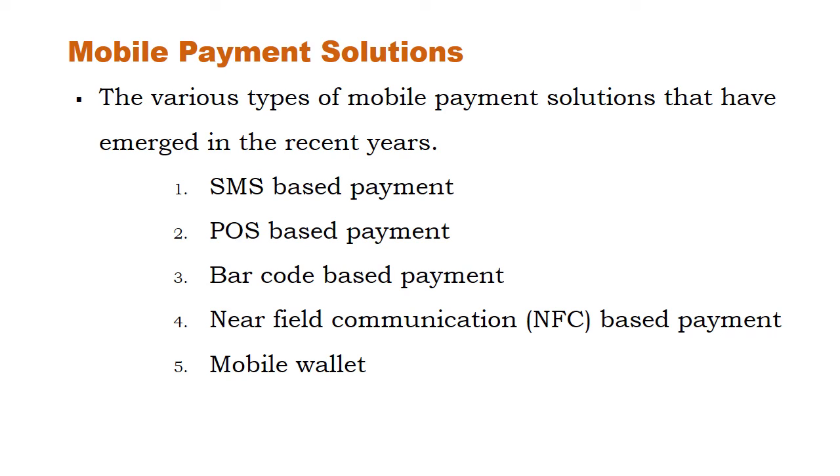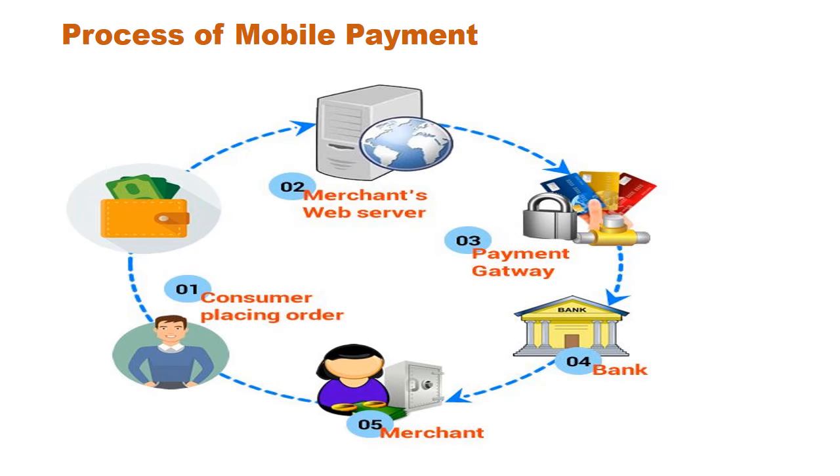Here, a user may have a number of ATM cards. The mobile wallet helps to keep these under a single wallet and make payments whenever necessary. Some examples of mobile wallets are PayPal, Google Wallet, and Paytm. These are all some vendors for mobile wallet.